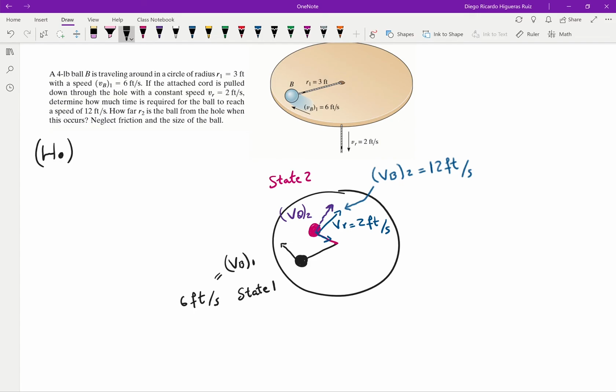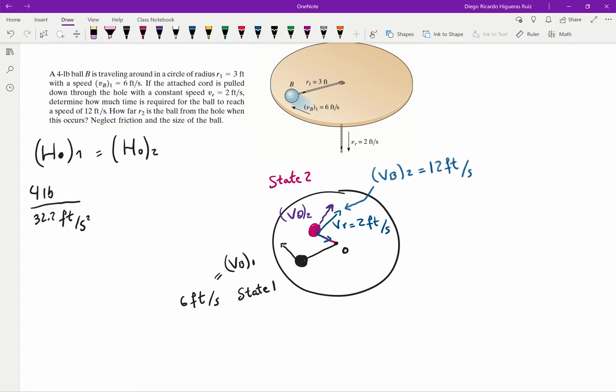So this is going to be the center, point O. If we want to solve for this, we have 4 pounds divided by 32.2 feet per second square times velocity.